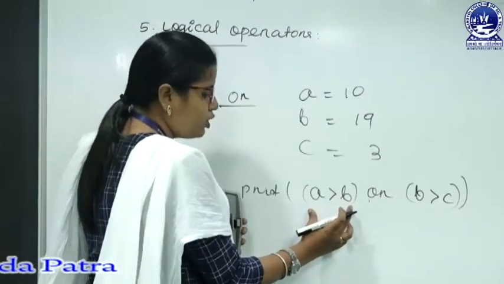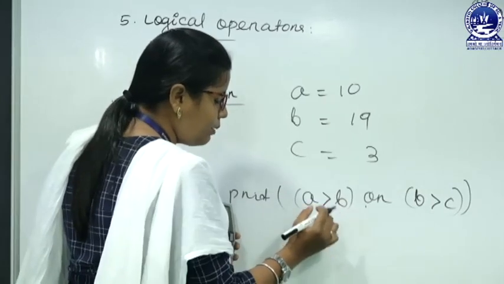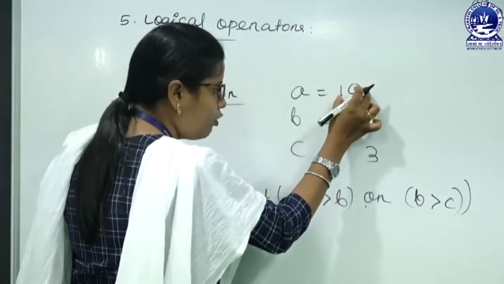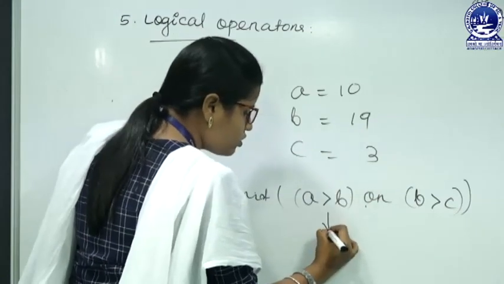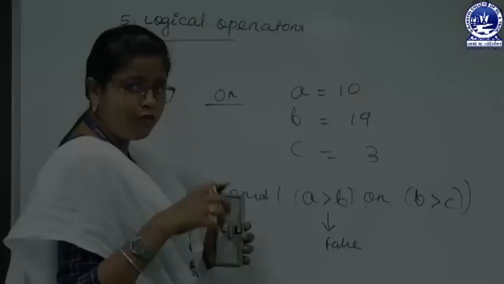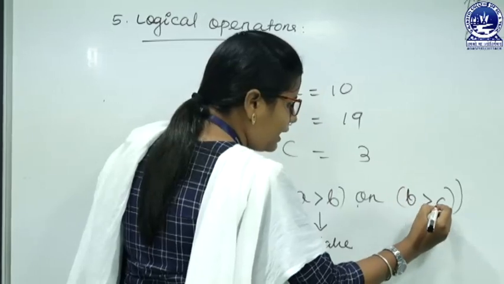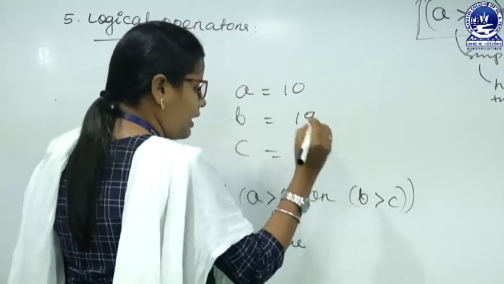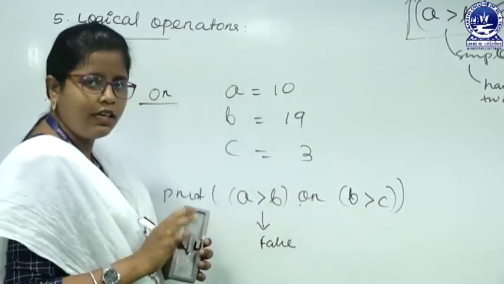First, come to the first simple comparison statement, that is A greater than B. Here the value of A is 10. Is 10 greater than 19? No. So the result is false. Next, come to the second, B greater than C. B is 19, C is 3. 19 is greater than 3, true.